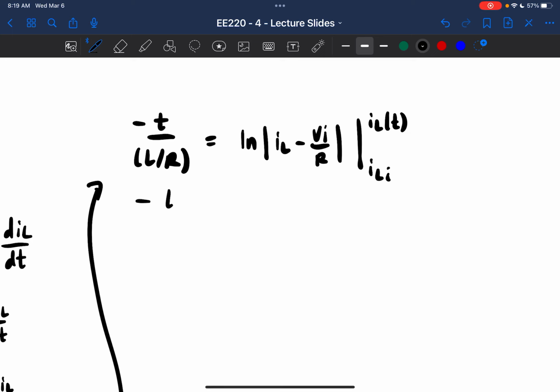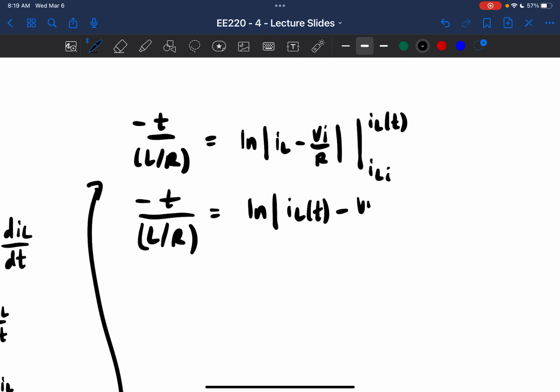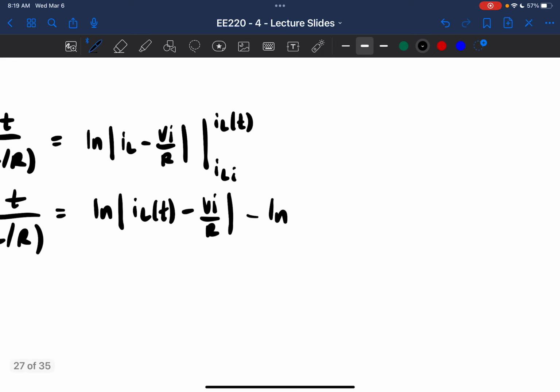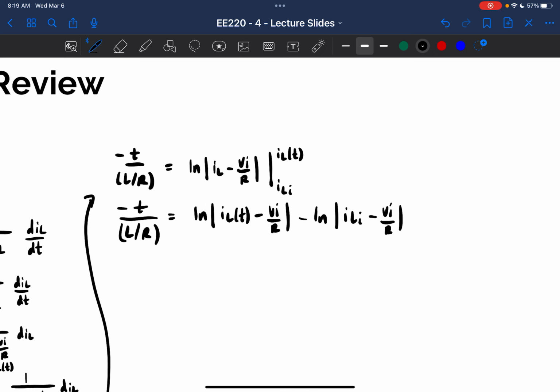And I'm going to say negative T over L over R is equal to the natural log of IL minus IL of T. Oh, sorry, I'm plugging in for IL. So it's going to be IL of T minus VI over R minus the natural log of ILI minus VI over R. And then using my log rules, I can rewrite this as a fraction, right?